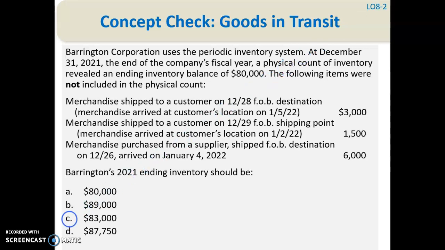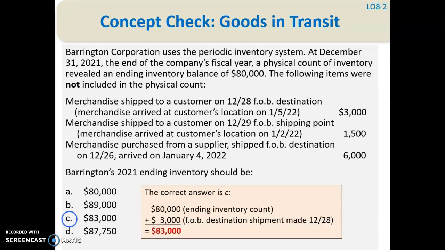Did you calculate $83,000? You can see the calculation here. It's important to note that this $1,500 of merchandise shipped to a customer on December 29th should not be included in inventory on December 31st because it was shipped FOB shipping point. Ownership of this inventory transferred to the customer on December 29th.